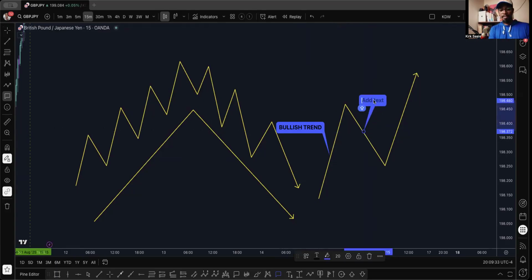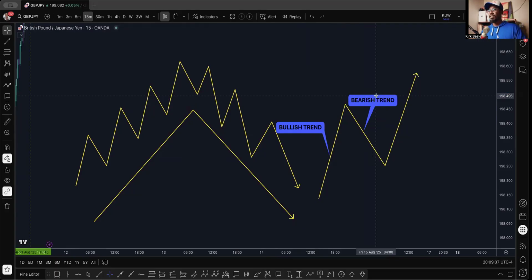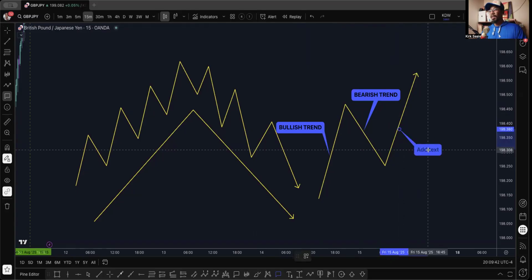The pullback is a bearish trend. All right, and then the continuation, trend inception. And now this is a bullish trend again.